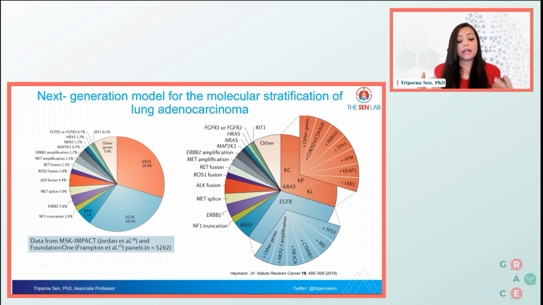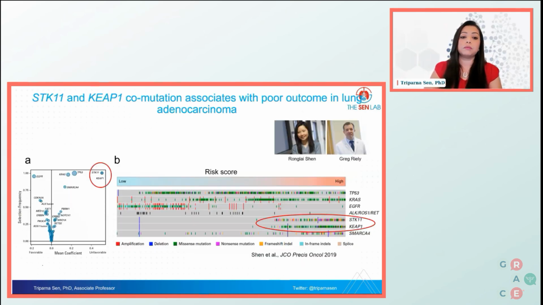Now, thanks to basic research and translational research, we understand so much more about the disease that we are thinking beyond just the single oncogene. We are thinking about co-mutations, or alterations in genes that happen together. One very good example is the KRAS mutation, along with its two co-alterations like STK11 and KEAP1.